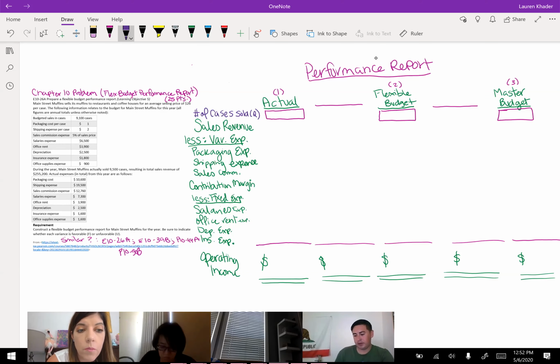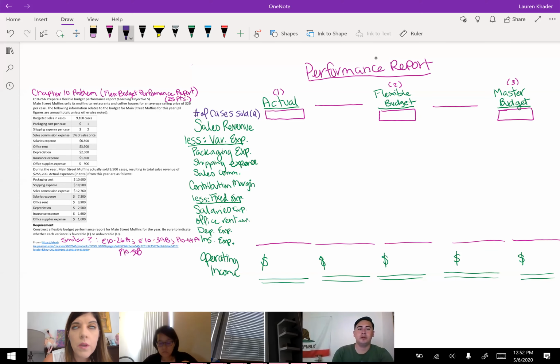You may be given the information like this problem, exercise 1026A, or you could be given the information for the master budget and the actual in an income statement. So practice some of the problems below in the different formats so you're familiar with it. But the variance analysis and everything else is basically the same approach. It's just that the information you're given is in a slightly different format.